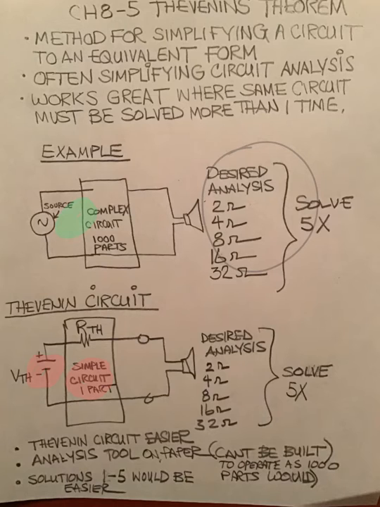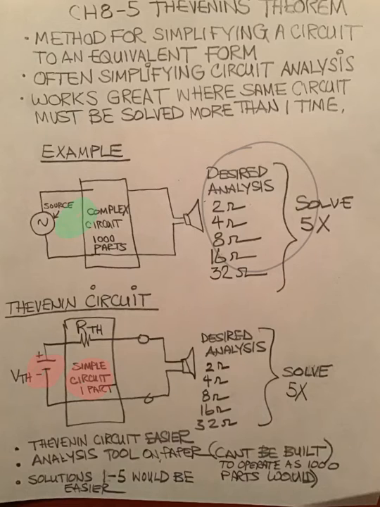That Thevenin resistance, that Thevenin impedance, works for AC and DC circuits. That's required to boil the 1,000 parts down so that you can have one impedance. An amazing process, but doable.